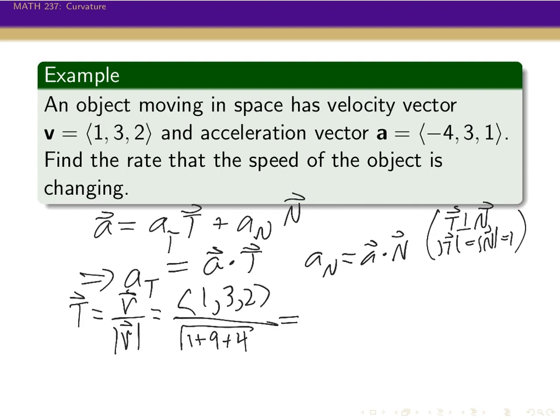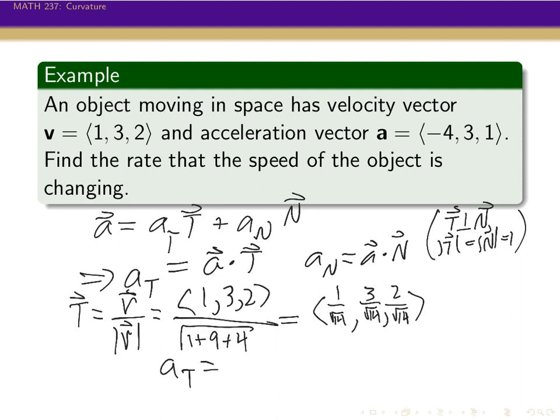So 1 plus 9 plus 4 is 14. So this is <1 over square root of 14, 3 over square root of 14, 2 over square root of 14>. Okay.